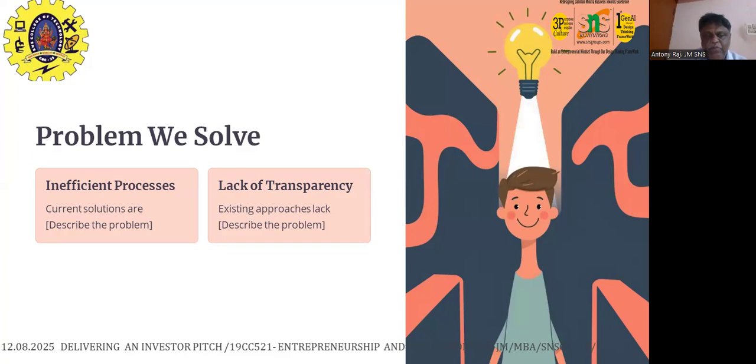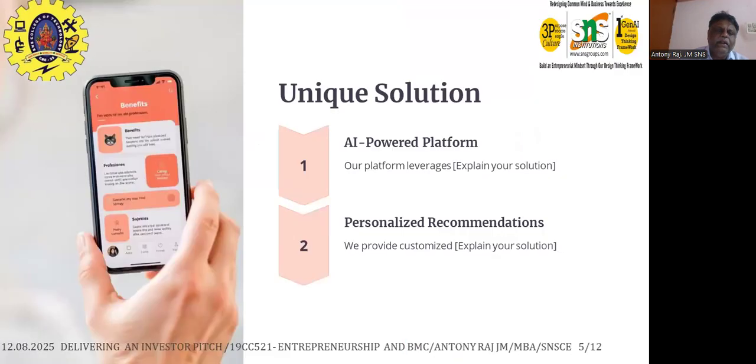And we have to prove that these problems already exist, so you're going to tell that with a lot of data and through market research. This is one of the very critical areas where investors are going to look with a lot of focus.